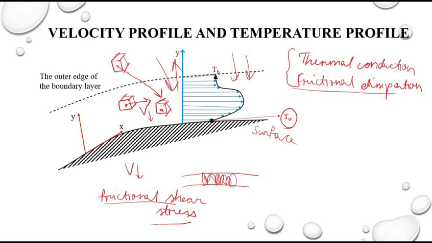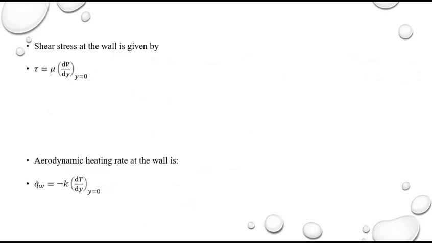Now, if we talk about the definition of temperature profile, it is similar to the velocity profile. It gives the variation of temperature as a function of y. Proceeding further, we will introduce some new terms. The slope of the velocity profile at the wall is one of the most important terms.